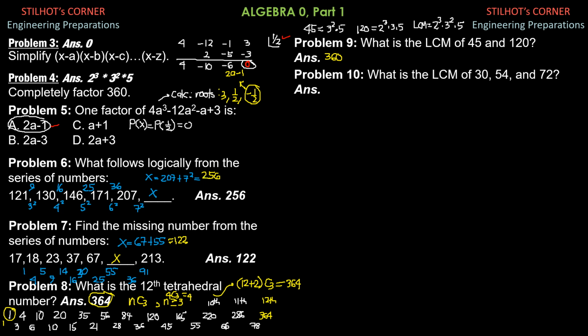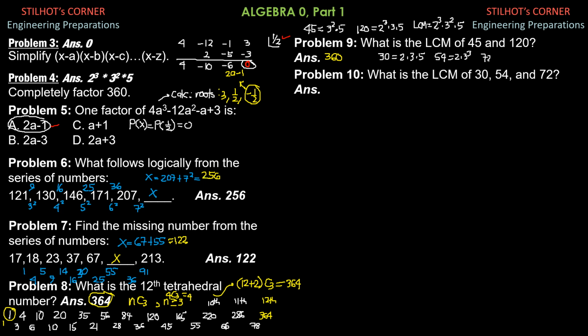I'll just give you the answer. 30 is 2 times 3 times 5. 54 is 27 times 2, 2 times 3 cubed.